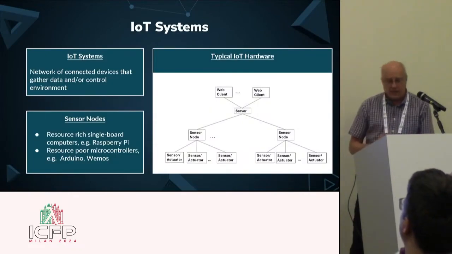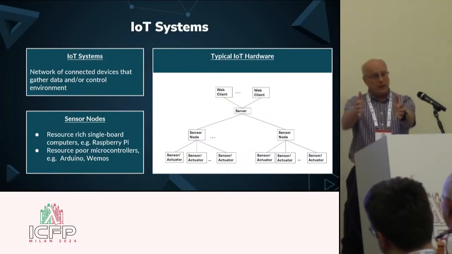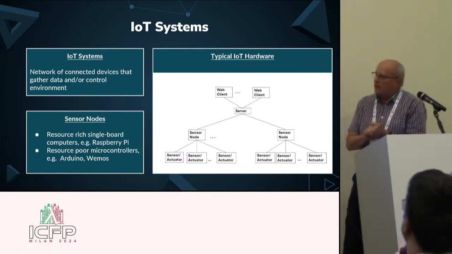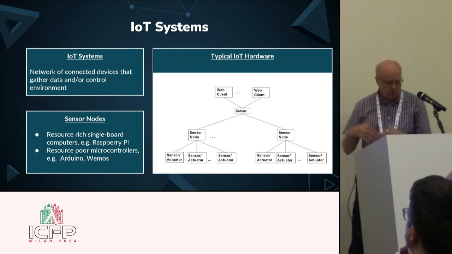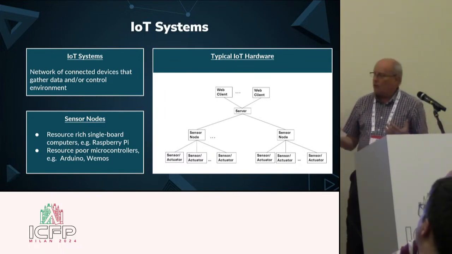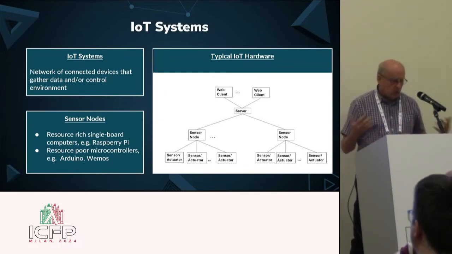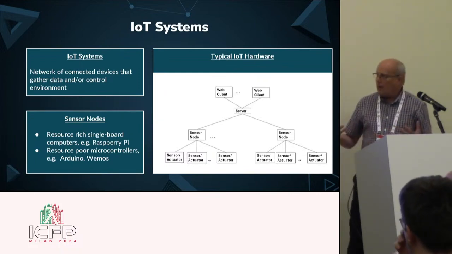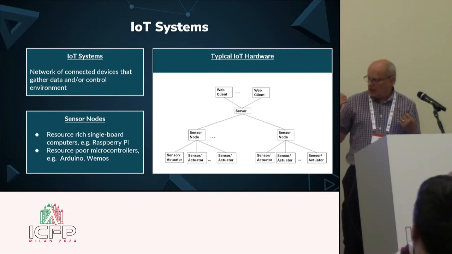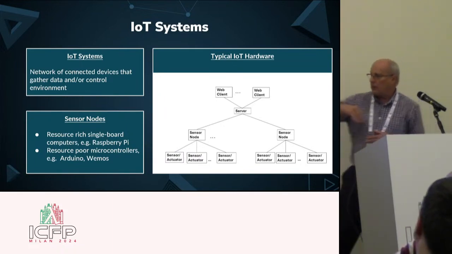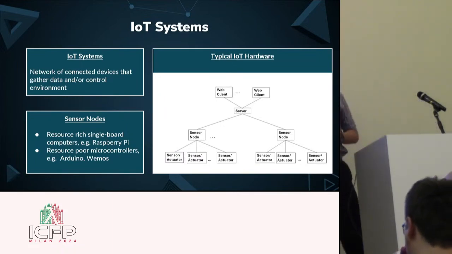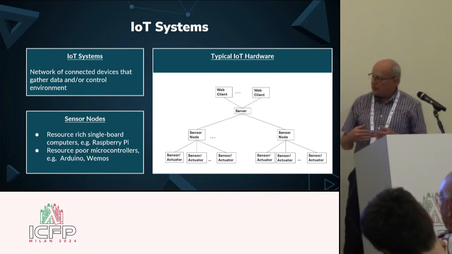Okay, IoT systems. My apologies. I know there are some people in the room who make their money out of IoT systems, but I'm going to do a quick overview. So basically, they're networks of devices that either monitor or control the environment. Typically, you have a bunch of sensor nodes distributed in space.